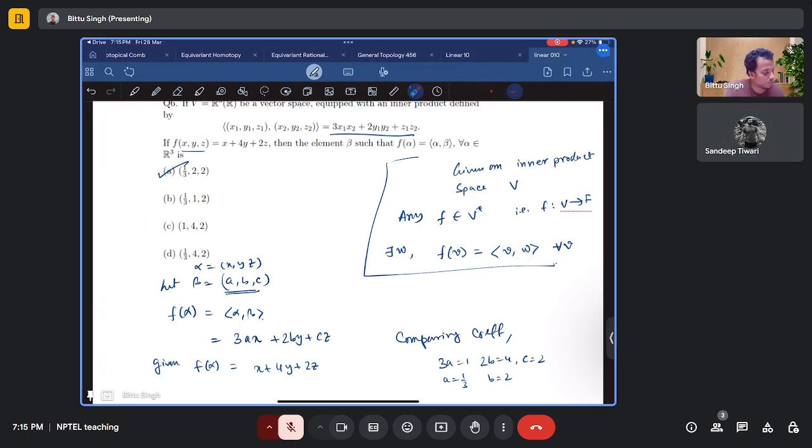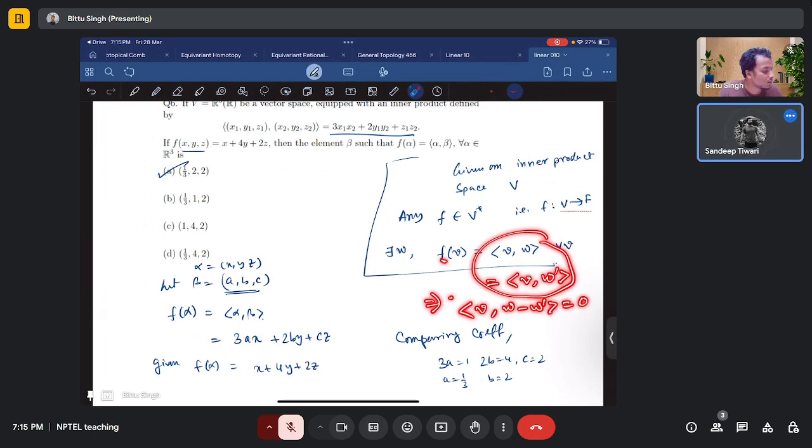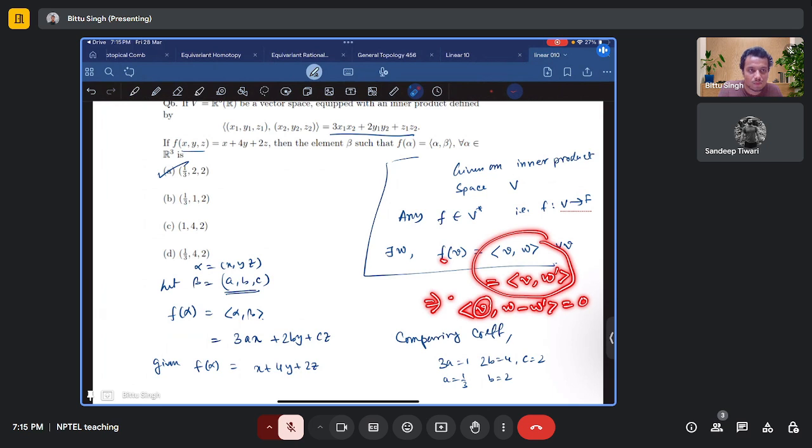You can also check here that this must be unique, because suppose there is another w dash, then v comma w dash will also be the same for all v. So those two are the same. That means v comma w minus w dash equals 0. Now put v equal to w minus w dash.